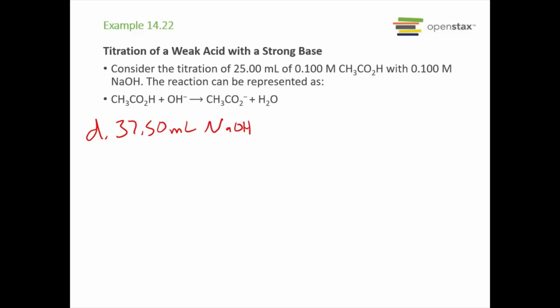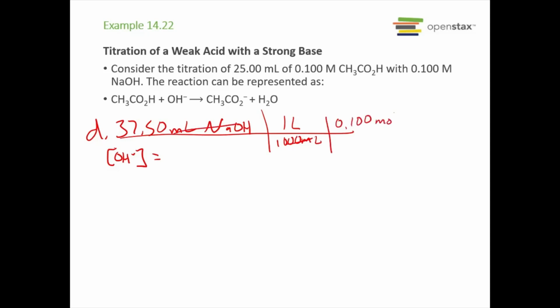So now that means that our OH concentration here is going to be equal to our moles of sodium hydroxide, which let's go ahead and calculate that really quick. 1 liter per 1,000 milliliters times 0.100 moles per 1 liter. So this is 0.003750 moles.